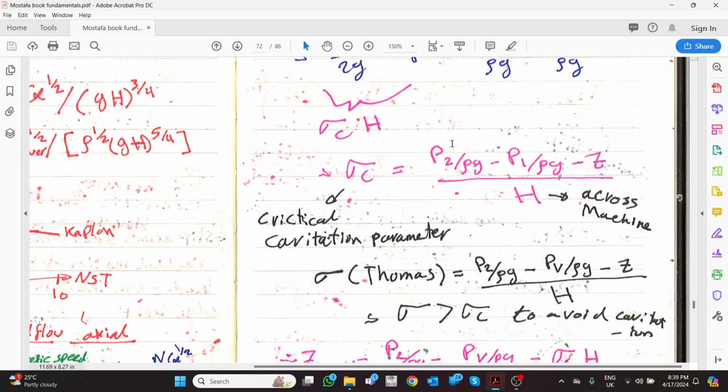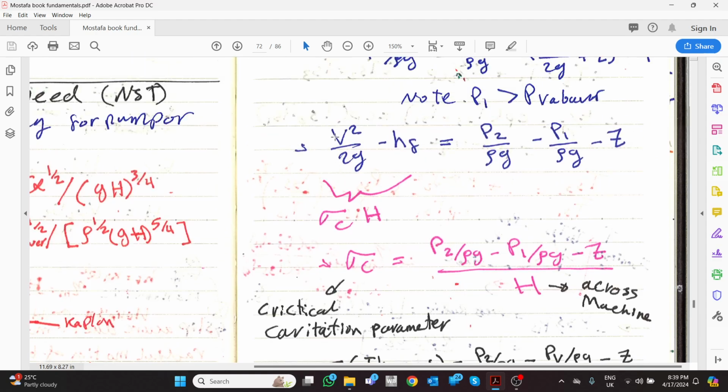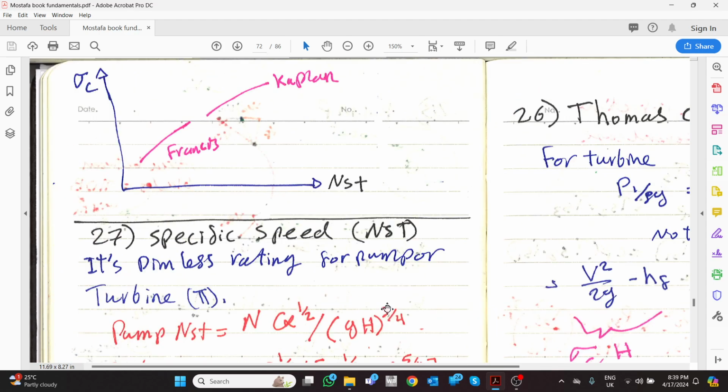Based on that, he puts the kinetic velocity minus the friction velocity, and names it sigma C, which is the critical cavitation parameter.